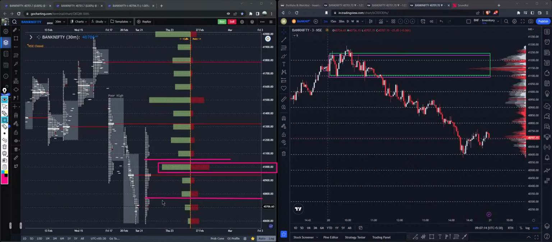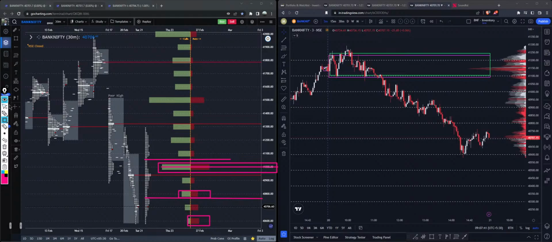So expecting some sort of responsive buying below 4,800. So 4,800, 4,600, these are my inflection points, the areas which I'll be looking at if the price opens flat. If the price opens gap up, then the focus shifts to the higher area, which is 41,000.